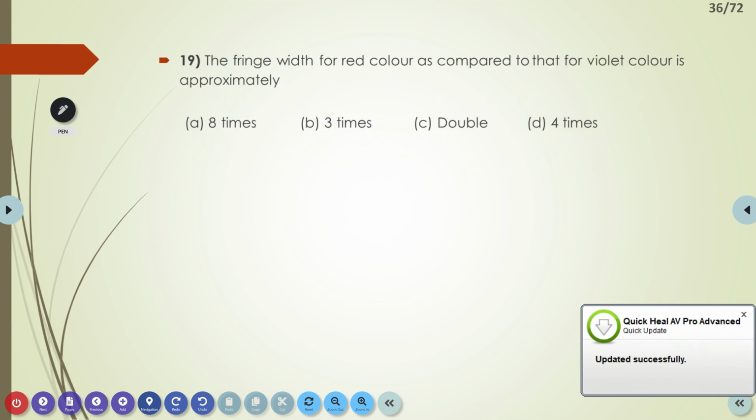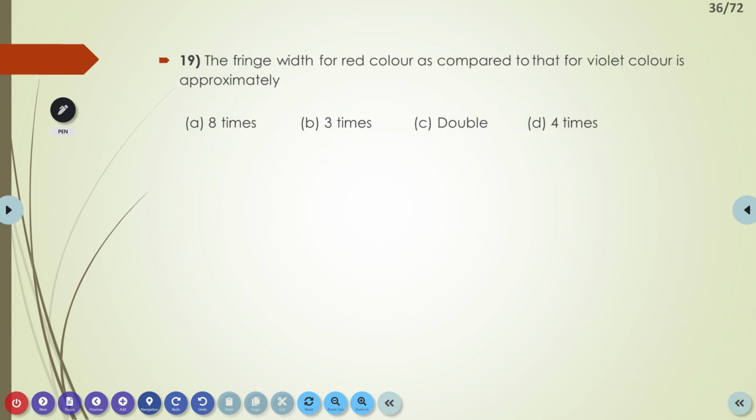Next, the fringe width for the red color as compared to that of violet color is asked. Students, we know the formula beta equals lambda into D by d. Here beta is directly proportional to lambda.